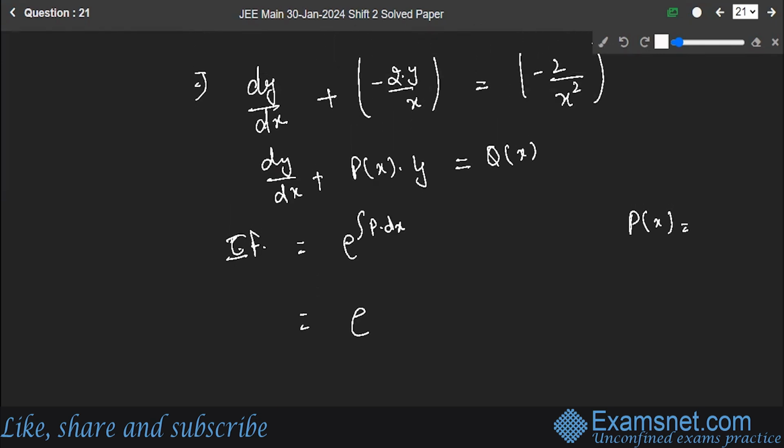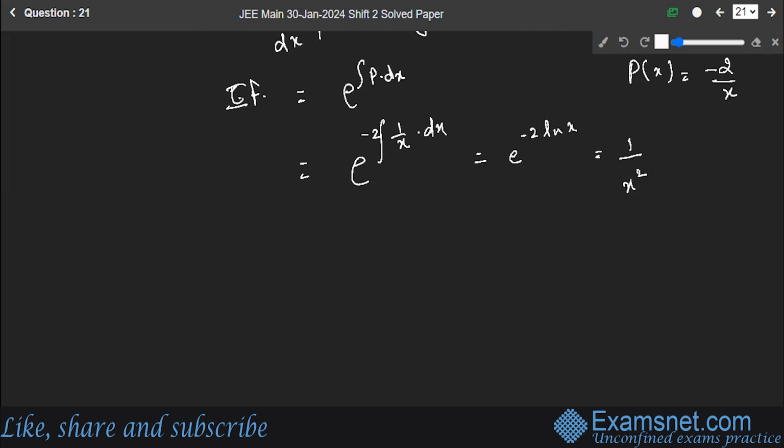That is equal to minus 2 upon x. Integral of minus 2, I will write outside this. So this will be equal to e power minus 2 log of x. This is equal to 1 by x square.